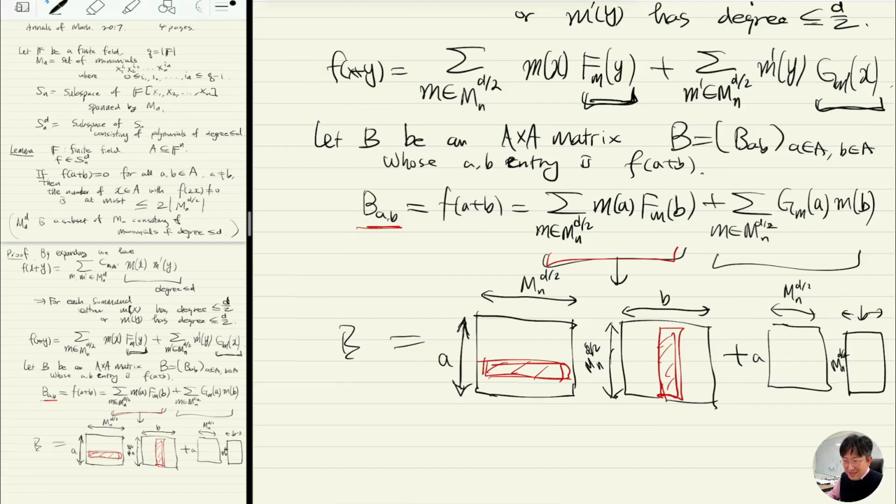What's funny here is that all these row entries look like m(a). What is the rank of this?